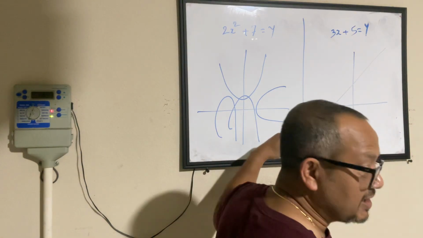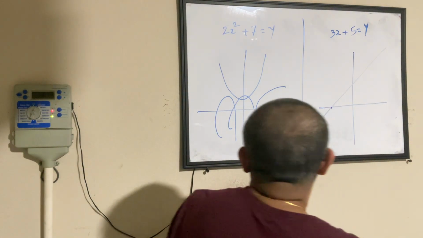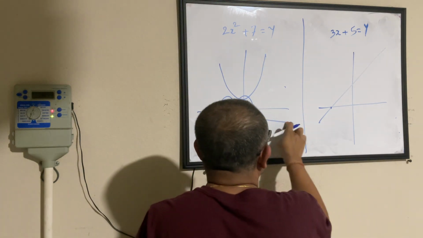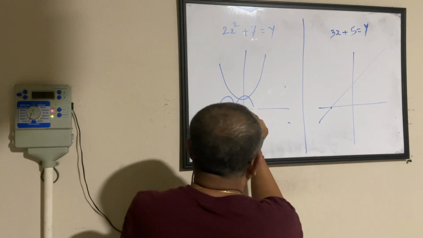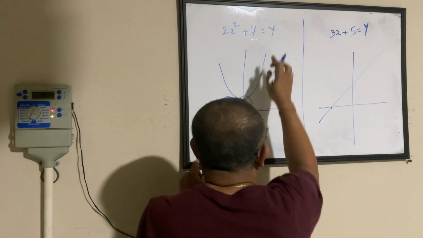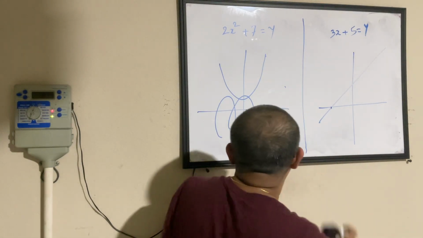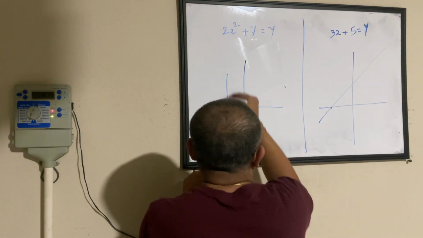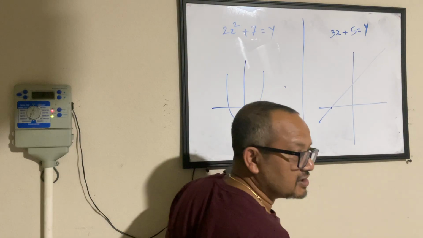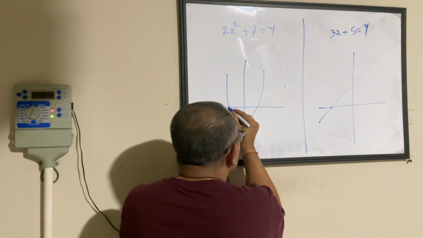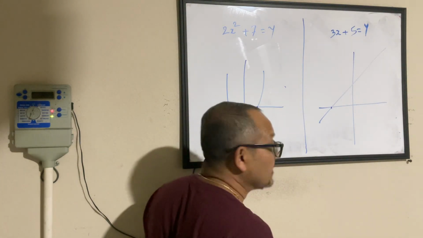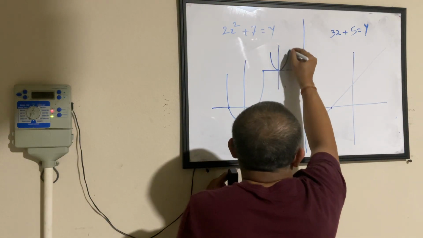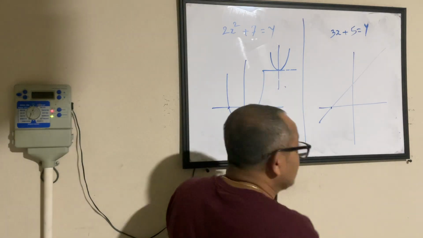Come back here. This one plots something like this, so my first equation is here, not meeting the x-axis. Or I might have a situation where the parabola is crossing the x-axis, and here, see this, it's crossing at two places. I could have another situation where it meets the x-axis only at one place.